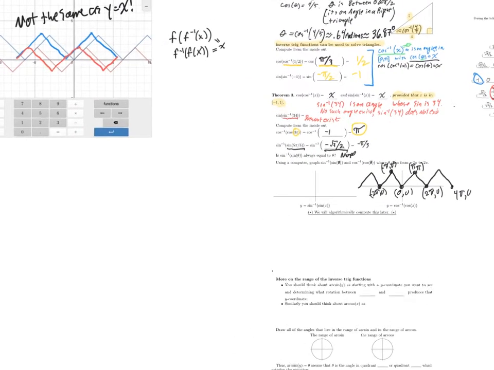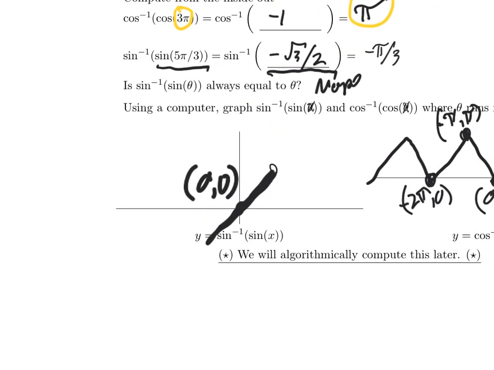Similarly, if we want the graph of inverse sine of sine, it still goes through the point 0, 0. I agree that this axis should be shifted some. It probably will be in the version that I put online. Up here we see the point pi over 2, pi over 2.